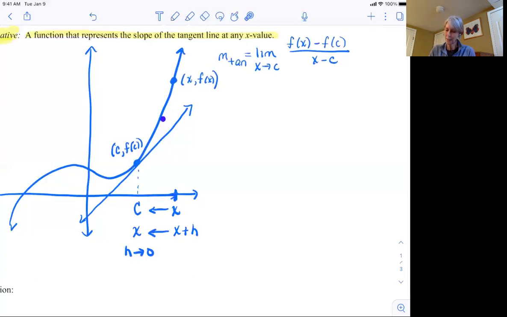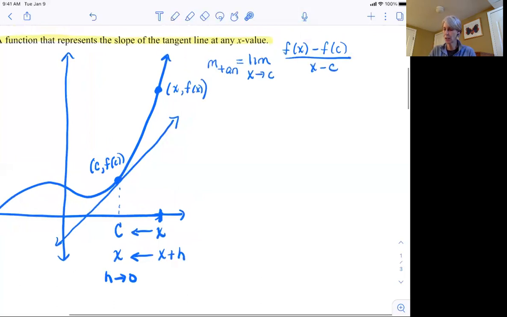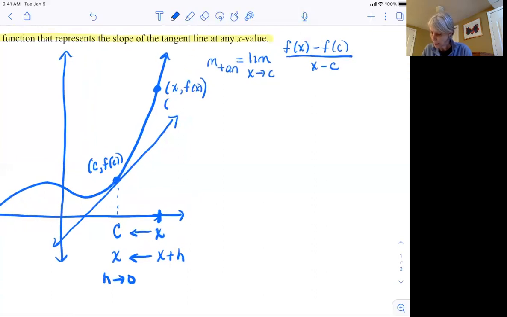In essence, this point's moving closer and we'll get the same slope. So using function notation now, let's see what happens. This point now becomes x plus h as my input or my x value. So my y value is f of x plus h. If my x value is x, now my y value is f of x.